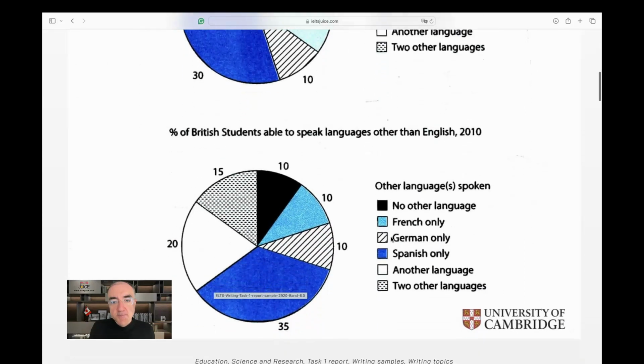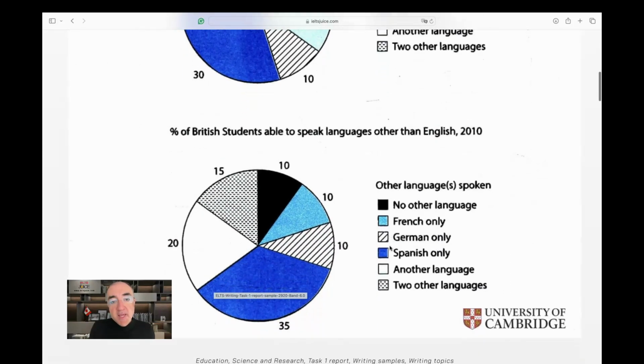How about here? Again, Espanol was the highest. So that can be one very good significant point. We can say Spanish was the second most favorite language after English among these students of this particular university.